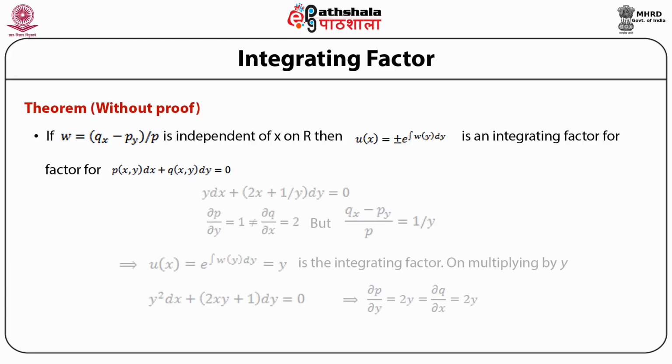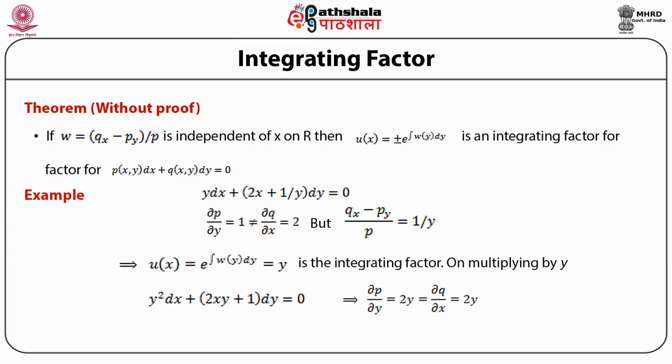Now let us consider an example. We consider the differential equation y dx plus (2x plus 1 by y) dy is equal to 0. In this equation, del p by del y is equal to 1 and del q by del x is equal to 2. We can see that del p by del y is not equal to del q by del x, hence the equation is not exact.